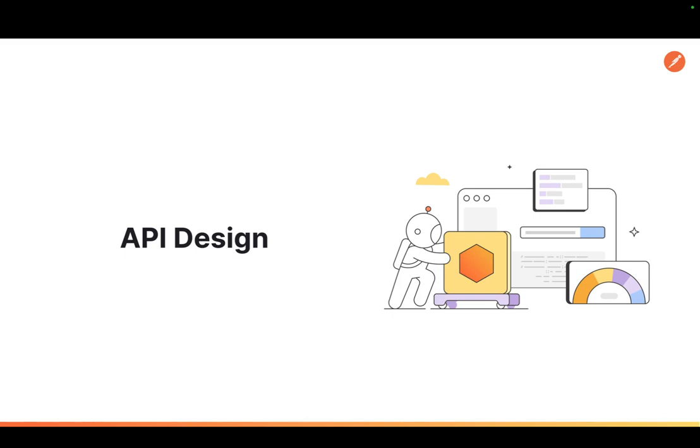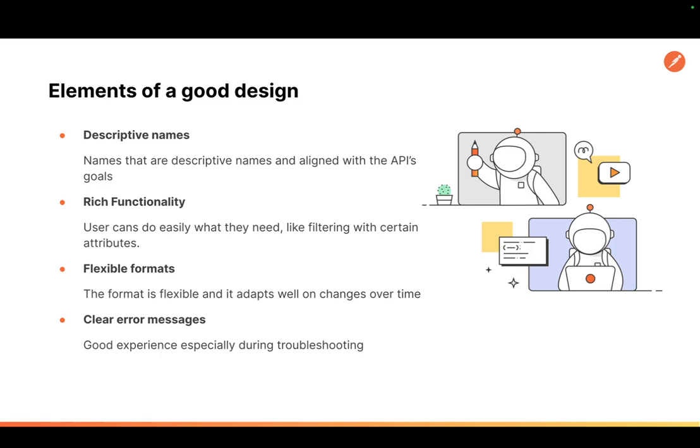What does good API design mean, you may ask? Some common elements of a good API design are descriptive names, names that are descriptive and align well with the API's goals and what the different entities do at Postman.